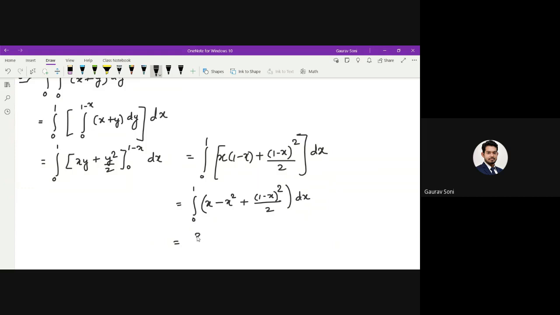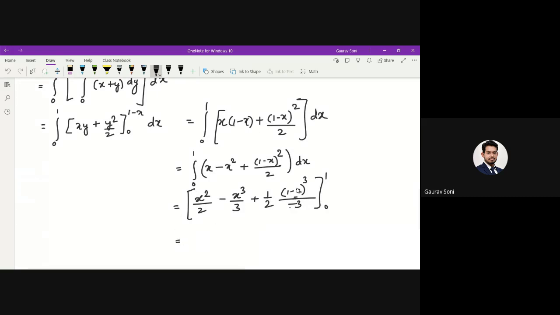So integration of x square by 2 minus x cube by 3 plus 1 by 2. Integration of 1 minus x whole square. That is simply 1 minus x raised to 3 divided by minus 3. I hope it is clear why I took minus 3 there. x raised to n plus 1 upon n plus 1 and the coefficient of x is minus 1. That's why this minus sign is there.